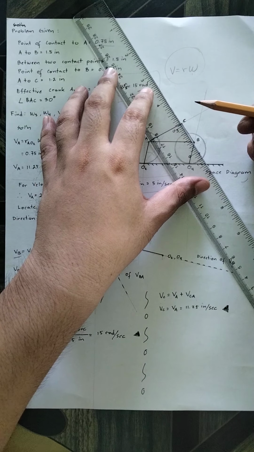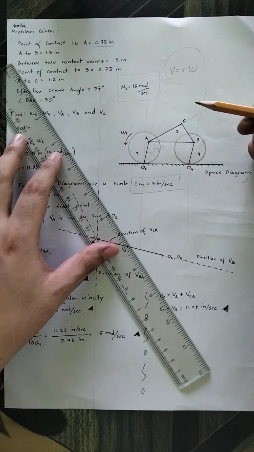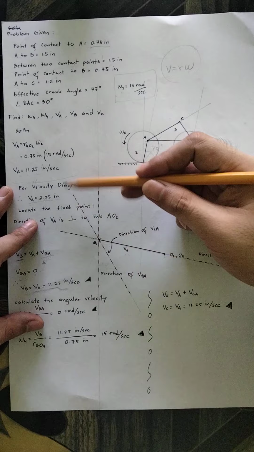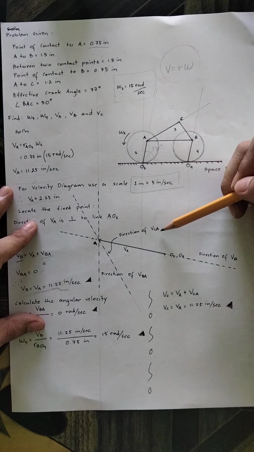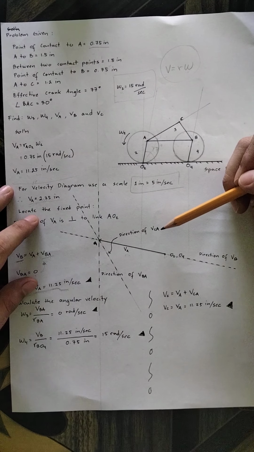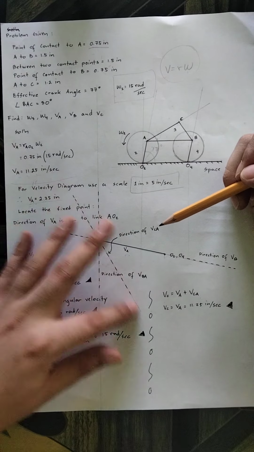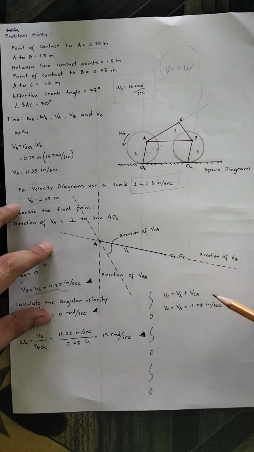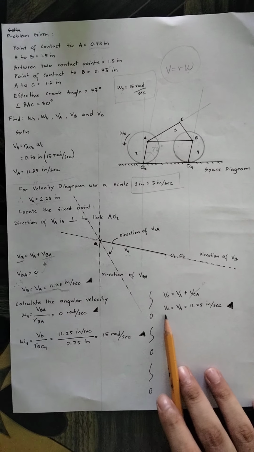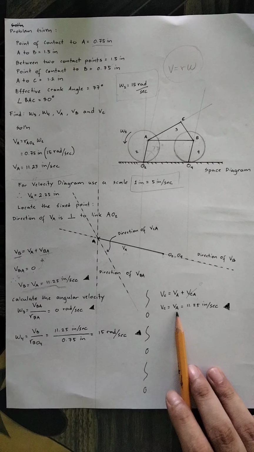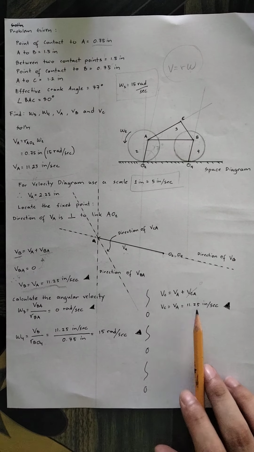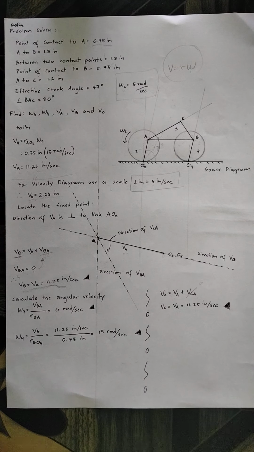If we draw that, this is the line of direction of velocity VA. Okay? So as you can see again, the velocity VCA is at infinity. So what will happen? If this is 0, therefore velocity of C is just equal to velocity of A, which is equal to 11.25 inch per second.